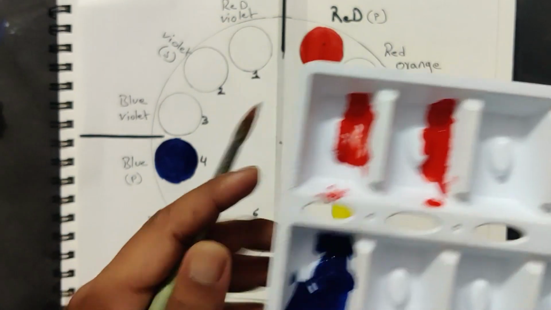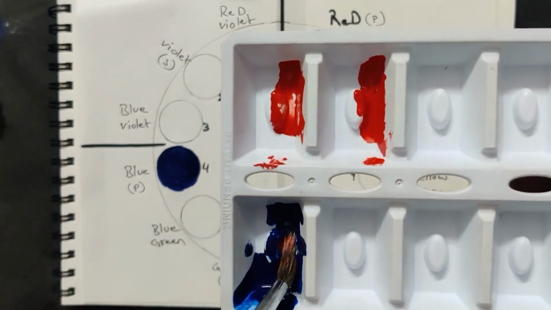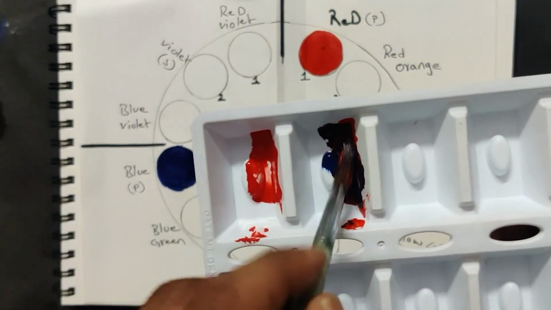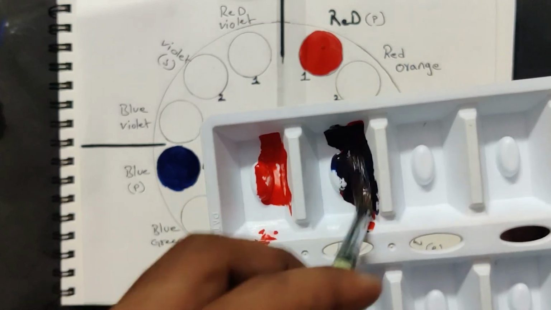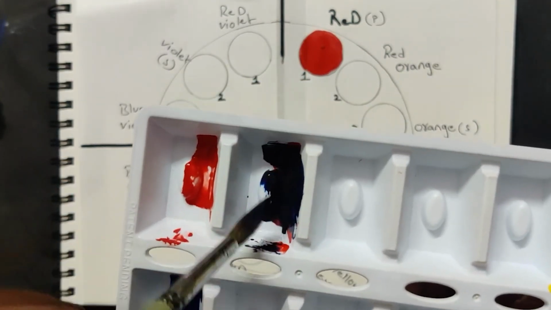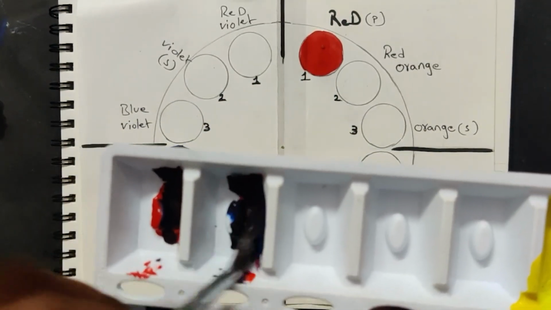Now always, you have to mix colors in the palette, not on the paper. See here how I'm mixing the color. I'm taking blue and mixing it with the red. Always mix colors in the palette, not on the paper.